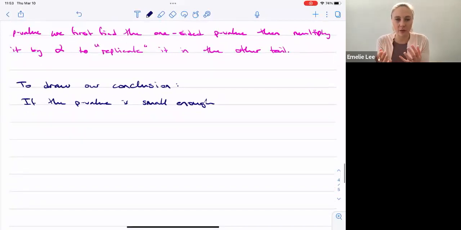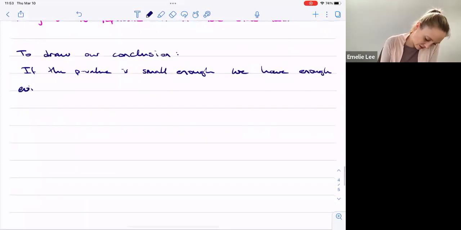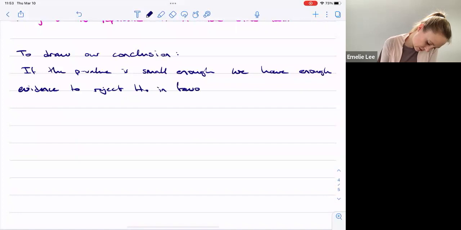And we're going to have a threshold, I promise, but for now, just in general, right? If the p-value is small enough, we have enough evidence to reject H0 in favor of HA.